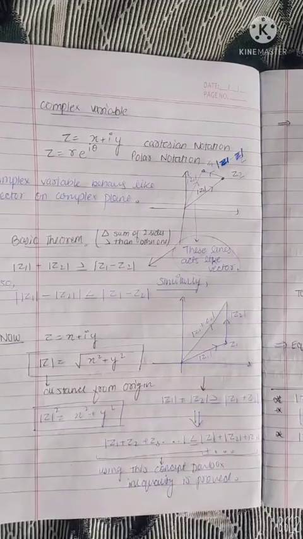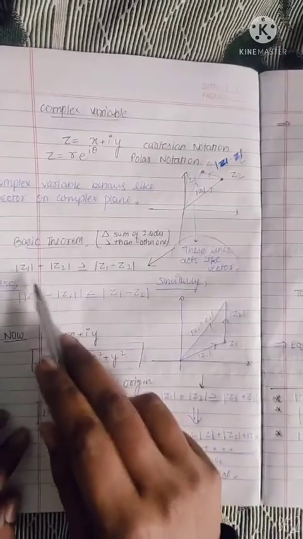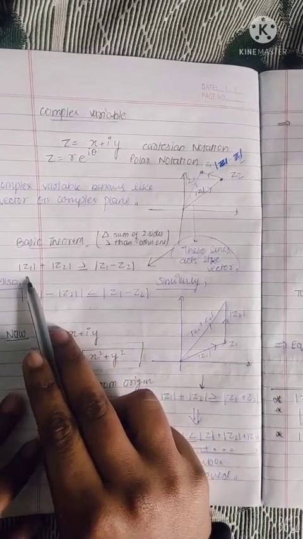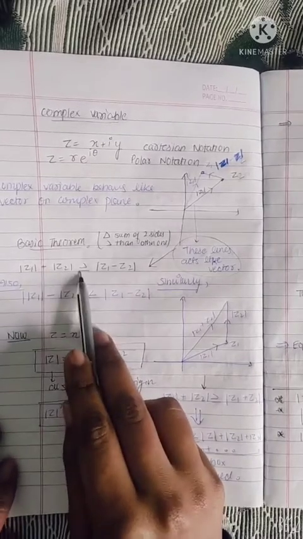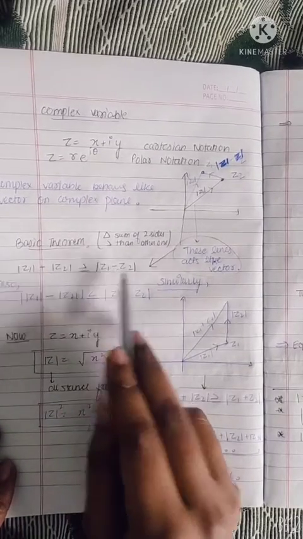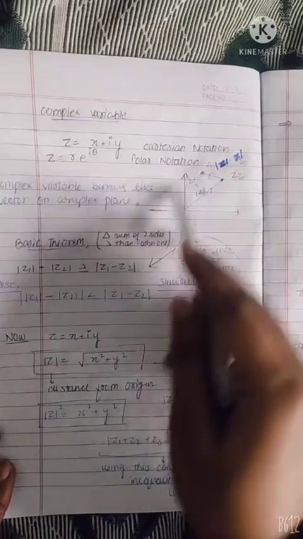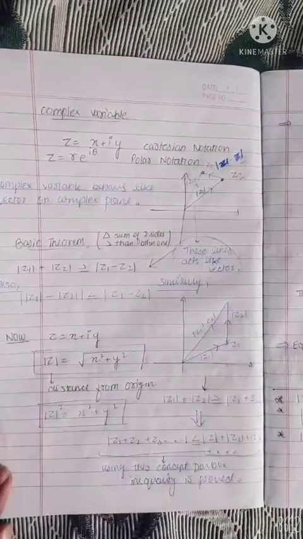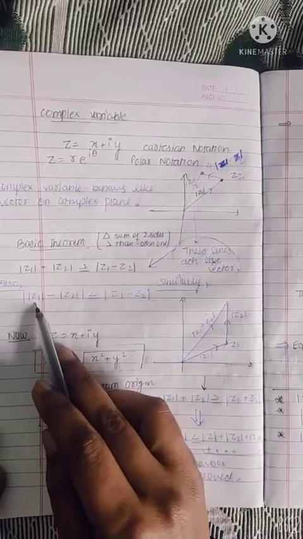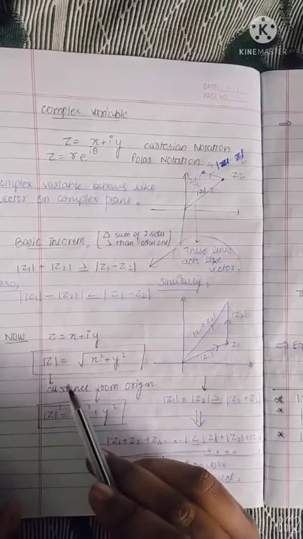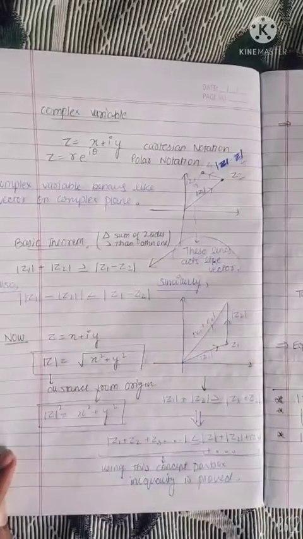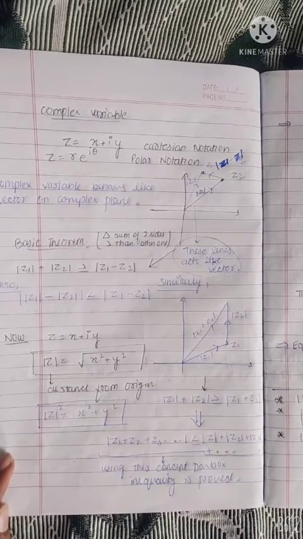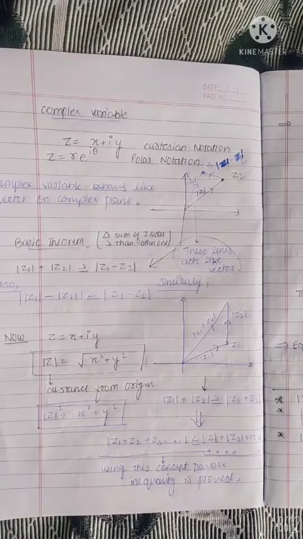So mod z1 plus mod z2 is always greater than mod of z1 minus z2, which is from this particular plot, and also mod of z1 minus z2 is always less than mod z1 plus mod z2.